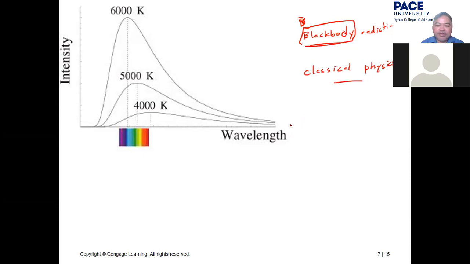So what happened? A guy named Max Planck proposed that for the black body radiation to be explained, you have to say that energy is discontinuous, or, the term that he used, quantized.